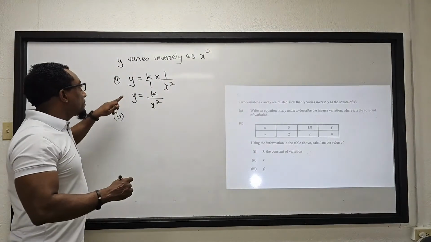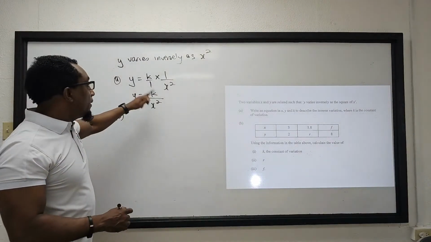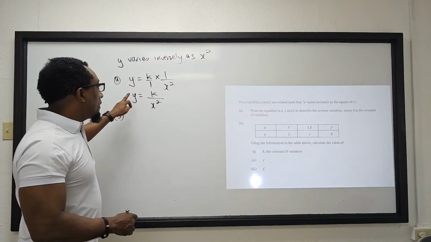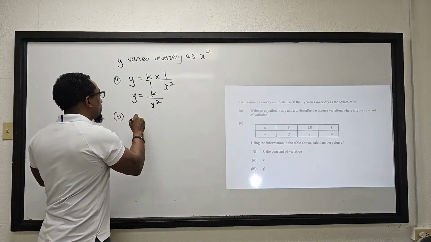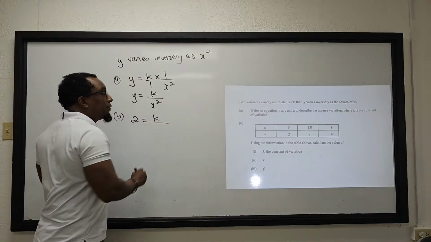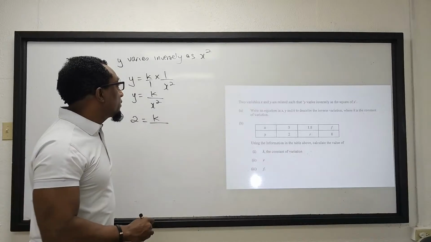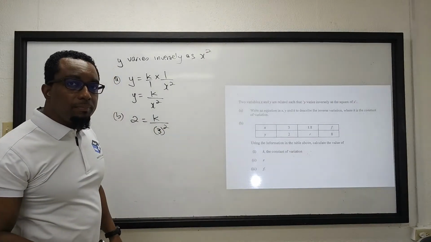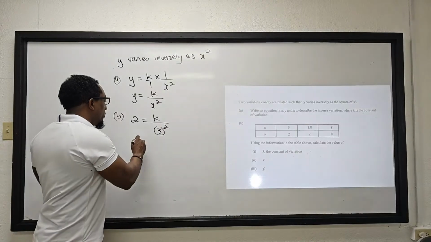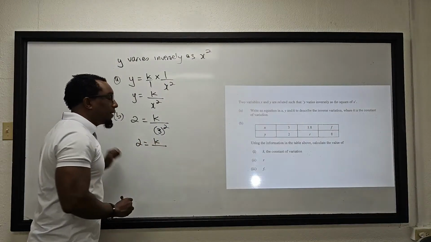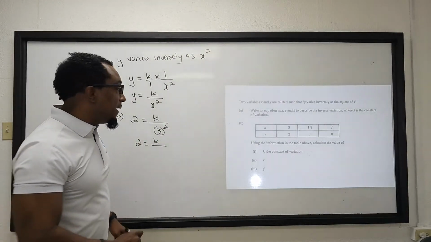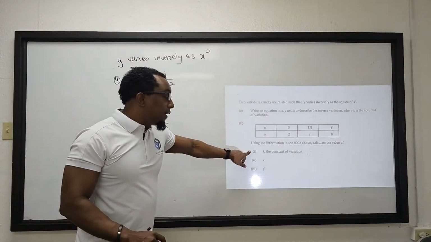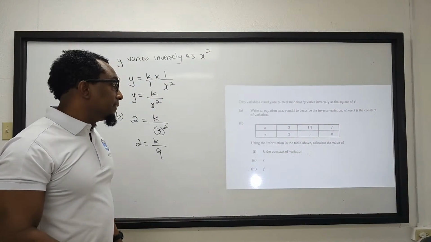So where I see y in my equation established initially, I'm going to replace this y with 2, is equal to k over, I'm going to replace x with 3 in bracket squared. So I'm going to get here 2 is equal to k all over 3 squared, it is 9, so I have 9. And what we can do is find k.